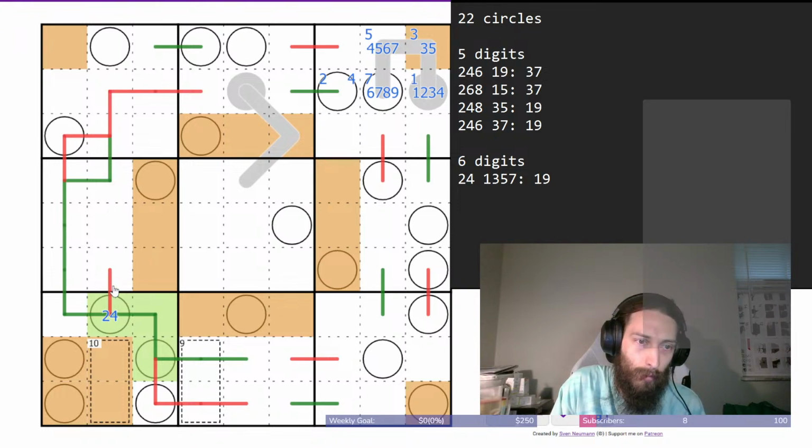And now I've used up all of the evens in the middle column, so red has to be all of these. So this is required to be green. And this one's required to be green.